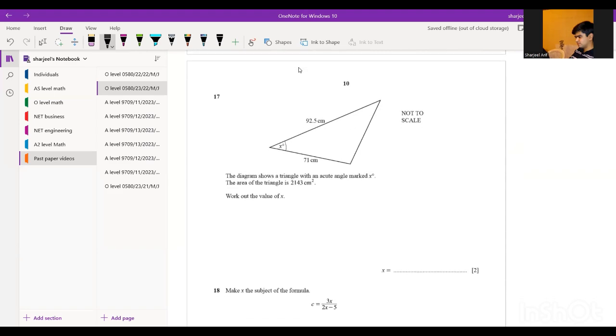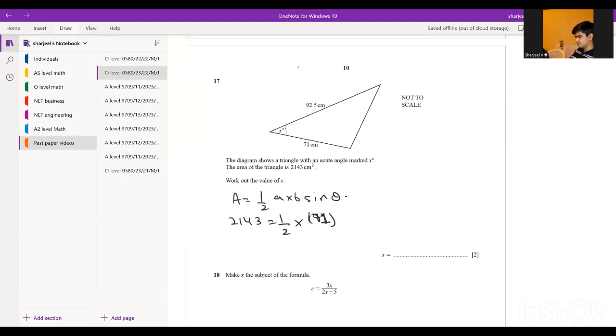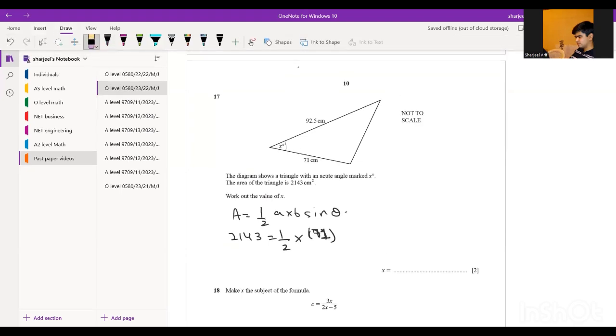We have been given the area, 2143. Area is equal to 1 over 2 into a into b into sine theta. Area is 2143. a is 71. b is 92.5.